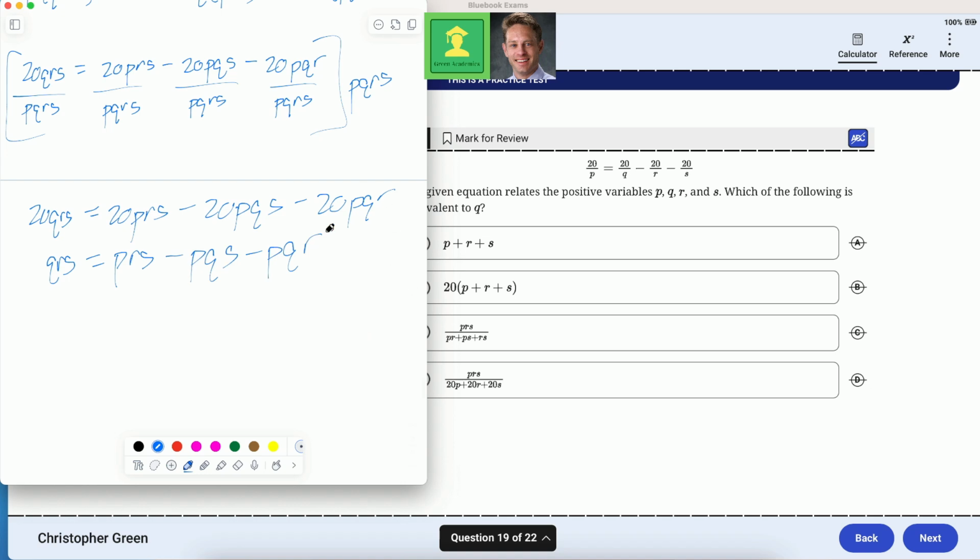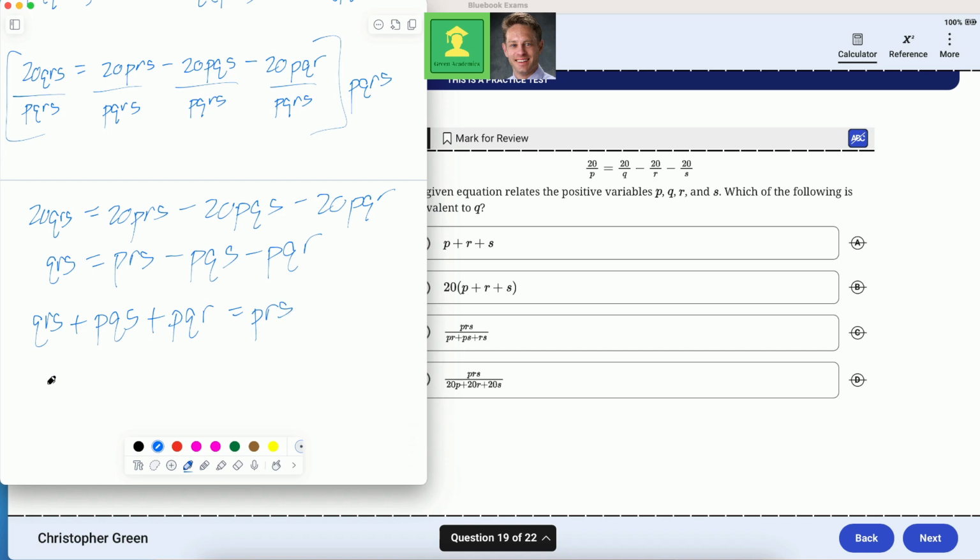Now, if you want to solve for Q as in quicksand, you get the things with Q on one side and without the Q's on the other side. I'm going to put the things with Q's on the left. So QRS plus PQS plus PQR equals negative. Oh, sorry. Where did I mess that up? QRS plus PQS plus PQR equals PRS.